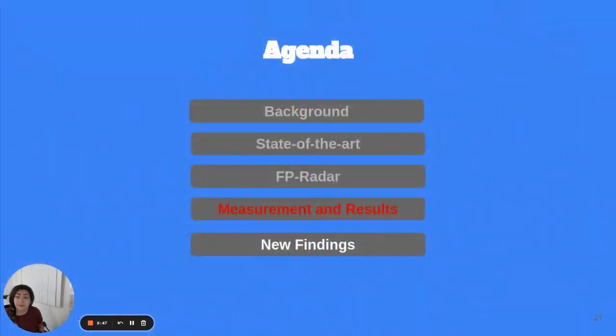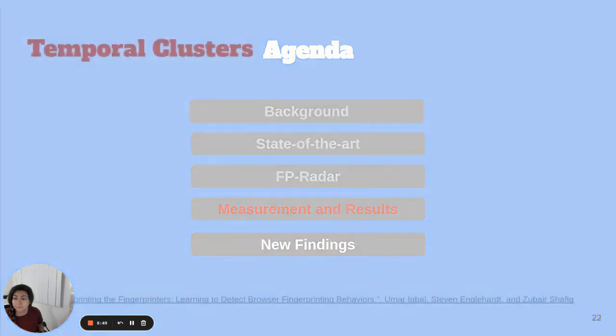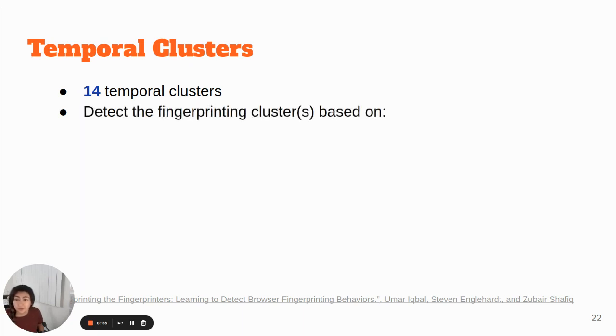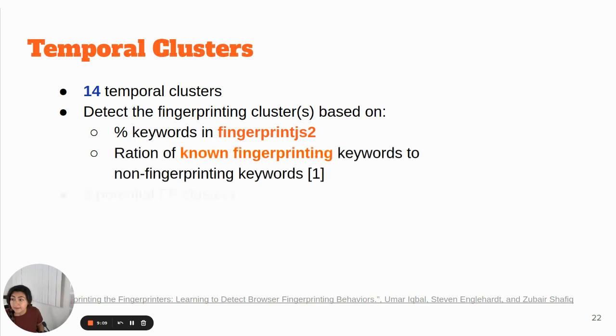Now let's take a look at our measurements and results. In total, we extract 14 temporal clusters, and then we try to detect fingerprinting clusters based on the percentage of API keywords that are used in the open source FingerprintJS2 library, and also the fraction of API keywords that appear in fingerprinting scripts to non-fingerprinting scripts.